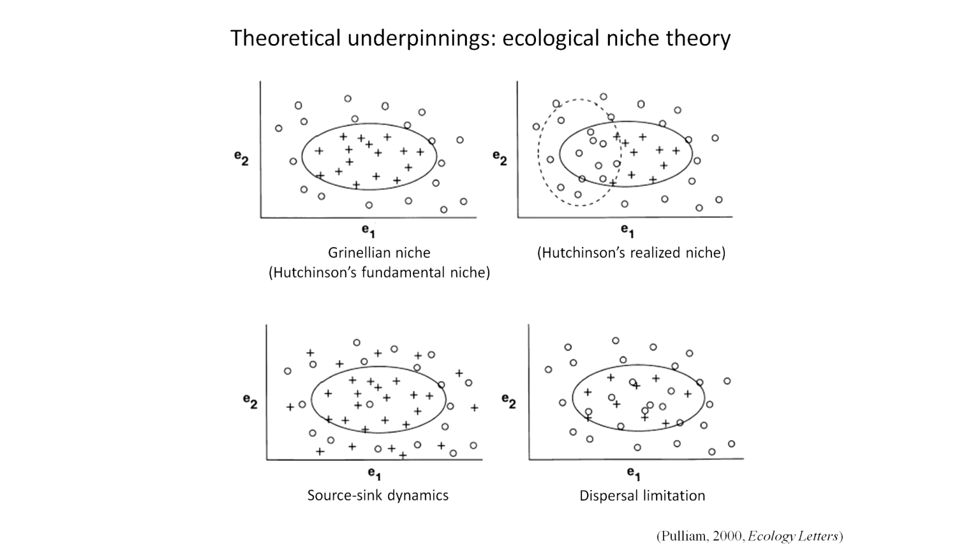Realized niche is probably a term that you've already come across. Hutchinson was first to, I think, really make this distinction between a fundamental niche and a realized niche. That is to say that within our fundamental niche of the species, we're going to have some absences.